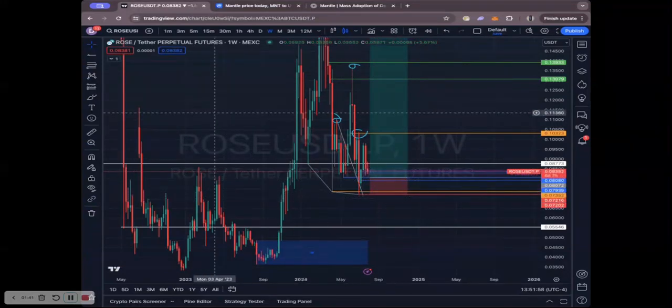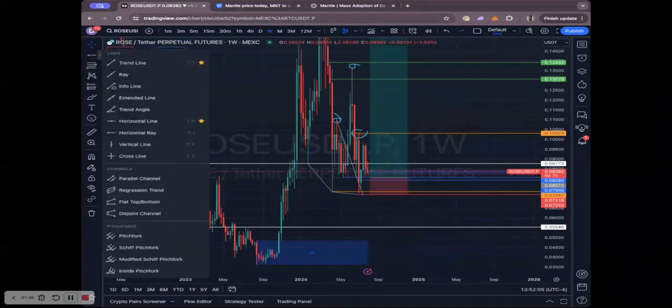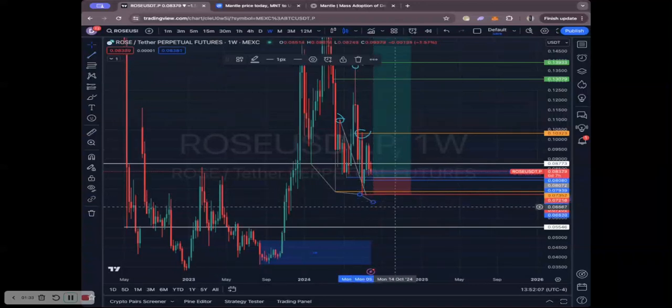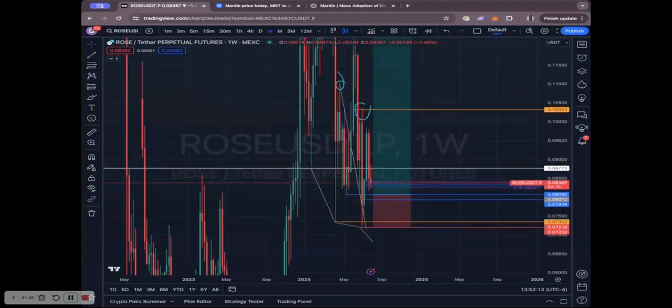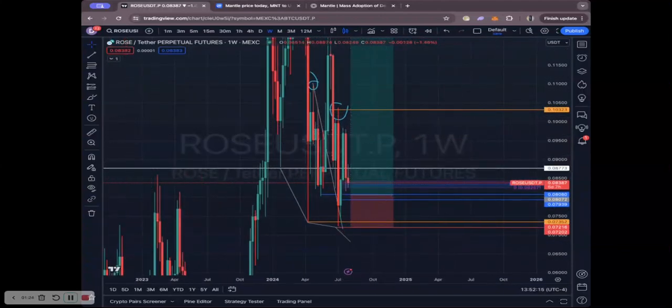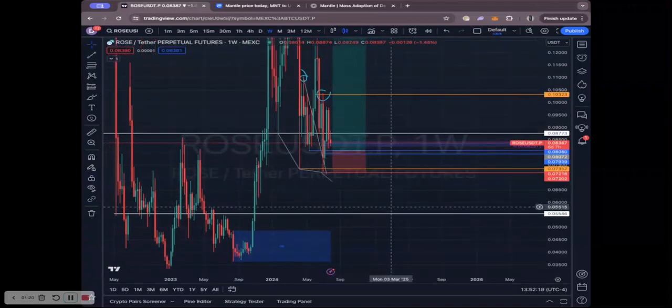If we take out this low, you could play this long, but if you take out this low and then we have a wick that is lower than this one, that would mean that we are doing a bearish delivery, which would basically mean that as soon as we pump again, the actual price wants to get back down to below 6 cents, 6.6 cents roughly.